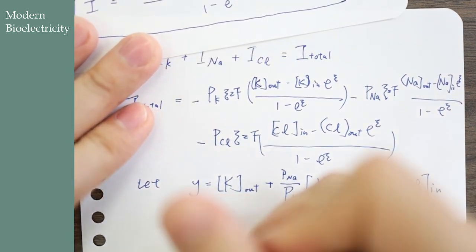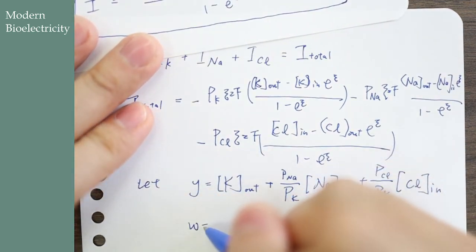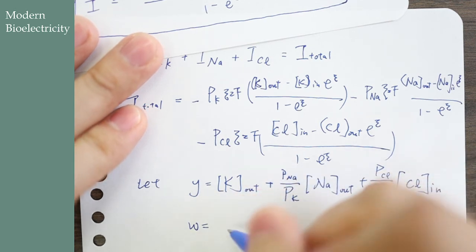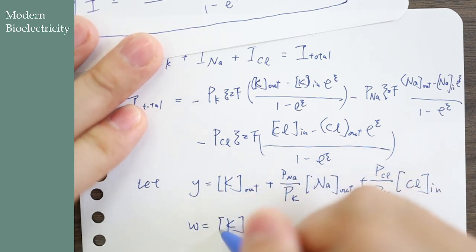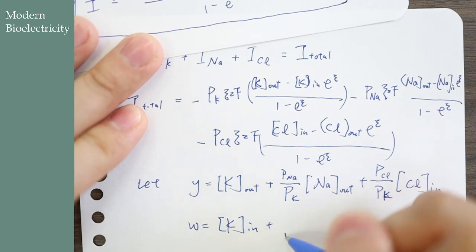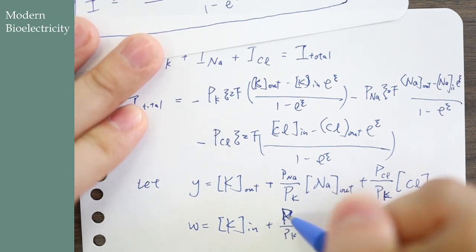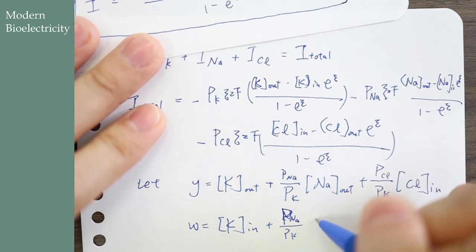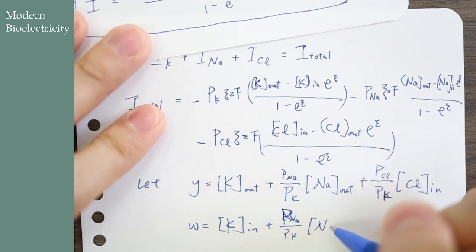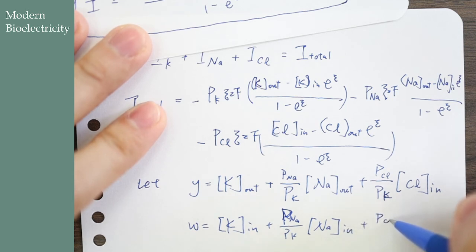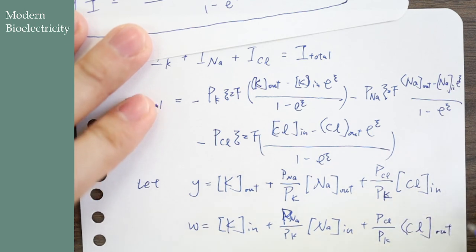And W is equal to potassium in, plus the permeability of sodium divided by permeability of potassium times sodium in, plus P chloride over PK times chloride out.